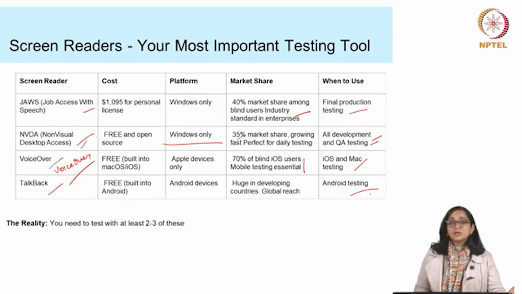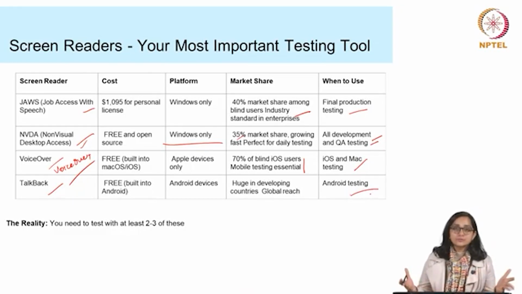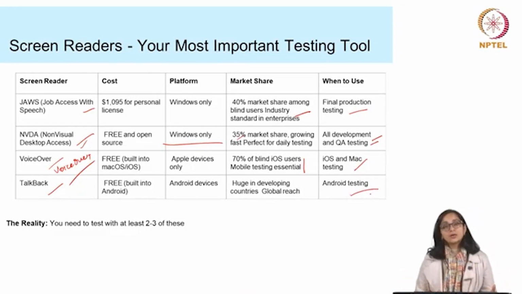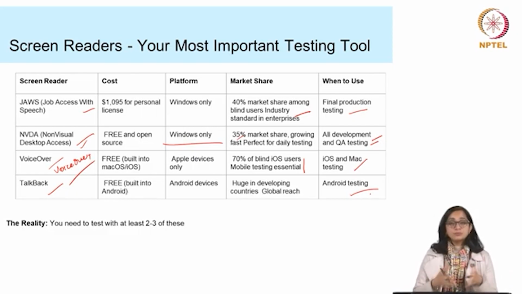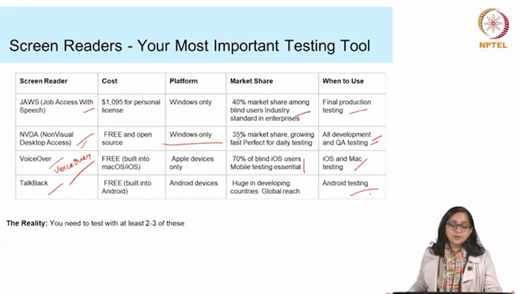And actually, you may need to test with two or three of these in order to get a clear picture of whether or not your website is functioning well, because nowadays most of the usage is cross platform, right? So a website people may be opening on the laptop, they may also be opening on the phone.